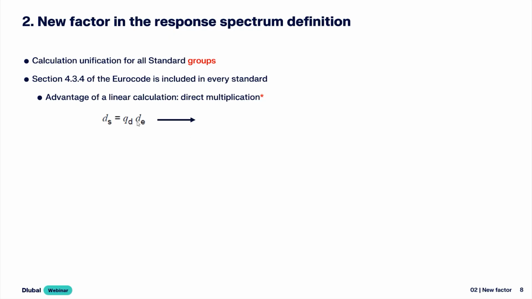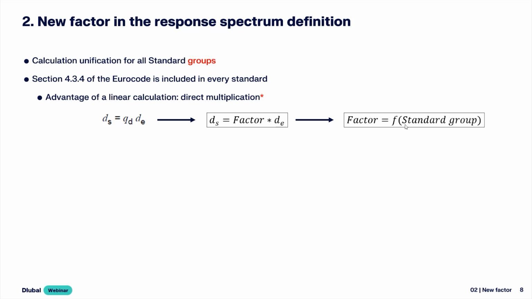So this multiplication from Eurocode can be generalized as a factor multiplying the displacement, and this factor depends on the standard group or the standard that we are using.